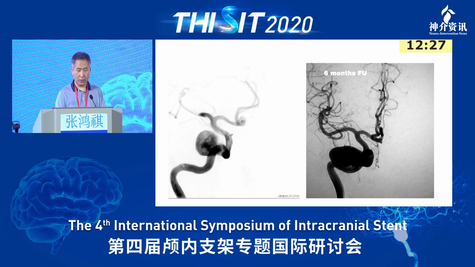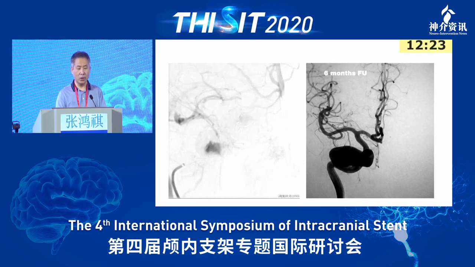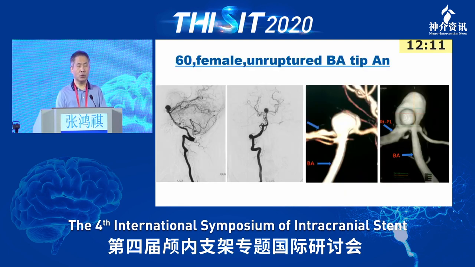So we can put Web well. And this is the angiogram. As you can see, the flow won't inject to the wall. After 6 months follow-up, we can see the occlusion rate is good.